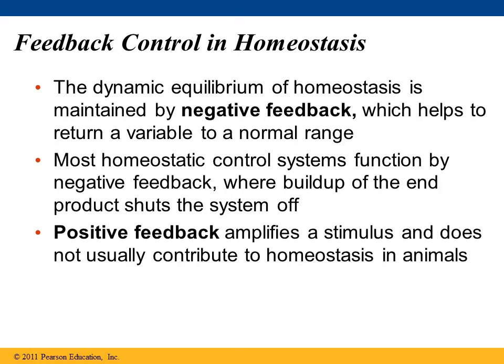Remember, our enzymes are actually controlled by negative feedback. We want to be at a set level of our enzymes, and when we get too much, it shuts it off and tries to get us back to that set point. Positive feedback, on the other hand, amplifies a stimulus, and it doesn't usually contribute to the homeostasis of animals.